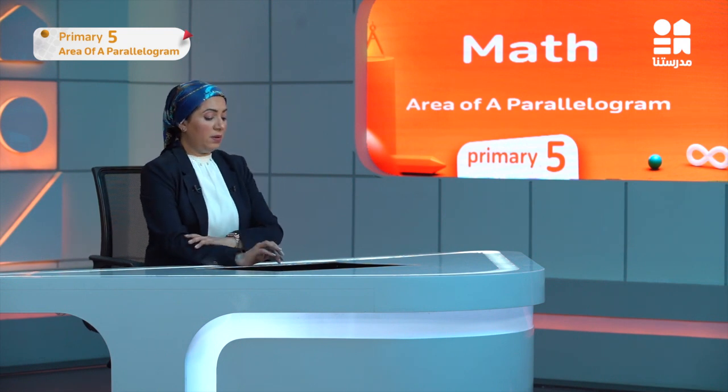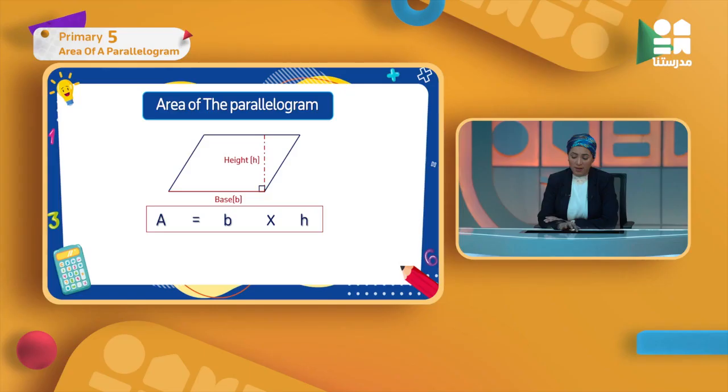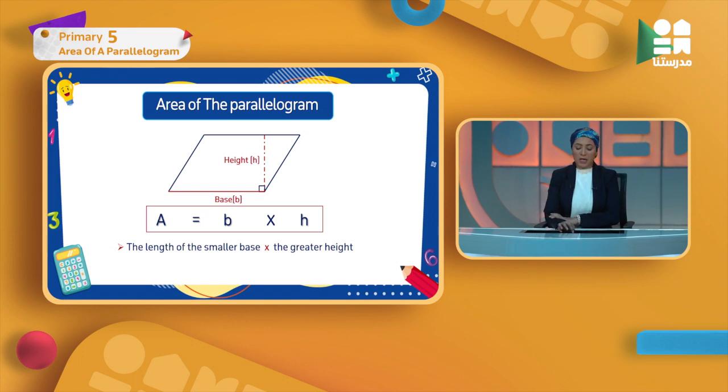So here again the area of the parallelogram is base times height. This is the most important thing that I need to know. And then we have the two facts that we talked about: the length of the smaller base times the greater height, and the opposite.